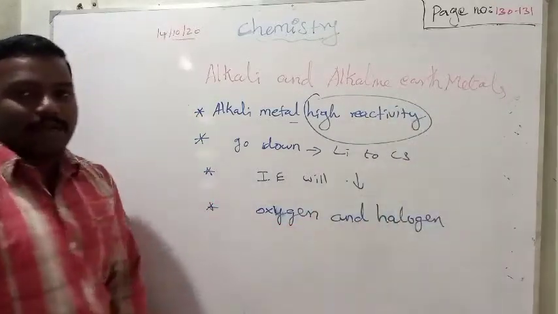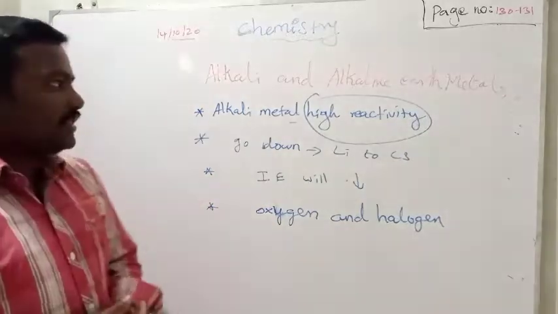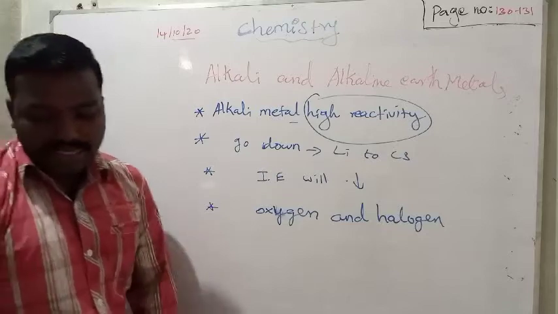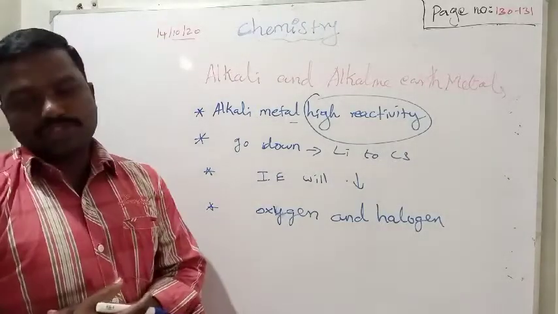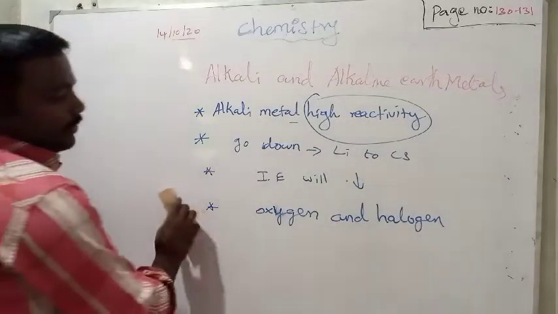These readily react with alkali metals, generally producing ionic compounds. So we are going to see the chemical properties of alkali metals one by one.